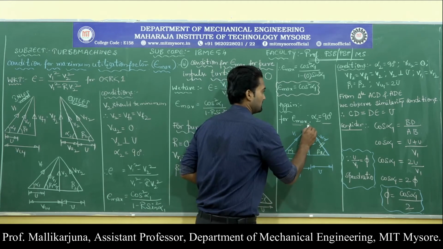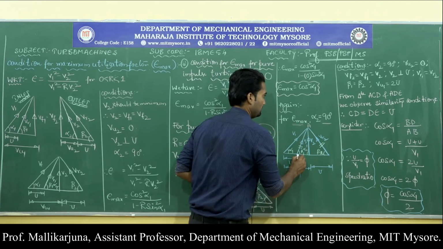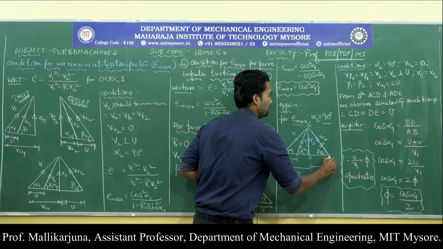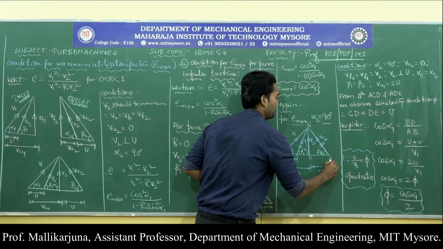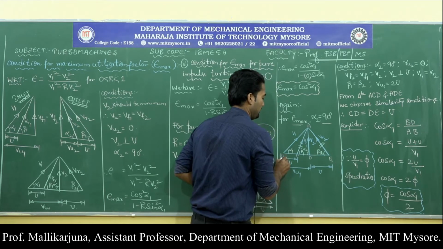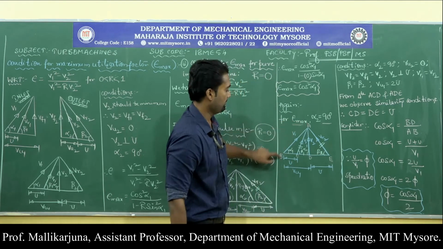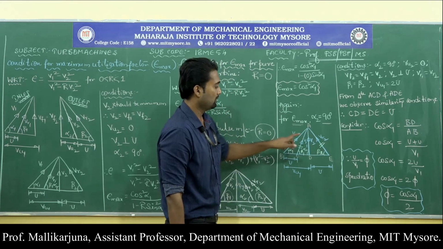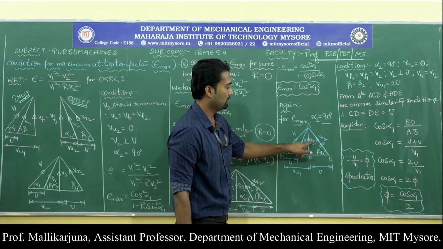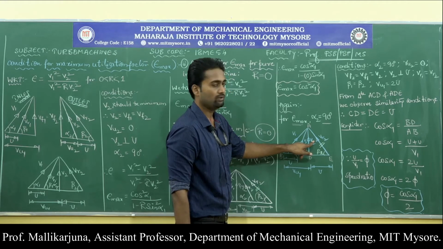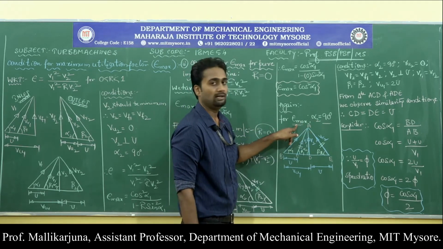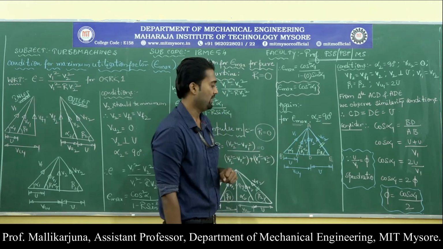I will name this as A, C, D, this one is E, and from this side I will take it as B. So that A, B, C, D, E. Now V2 is equal to Vf1, which is equal to Vf2. This is the condition for epsilon max that needs to be satisfied now.